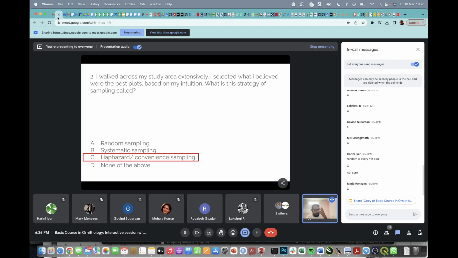The drawing of these chits, random number generator, or the lottery, the lucky draw thing, all of them are randomly selecting. That's random sampling. In systematic, what you would do is you have an area, and you place your points equidistant to each other.